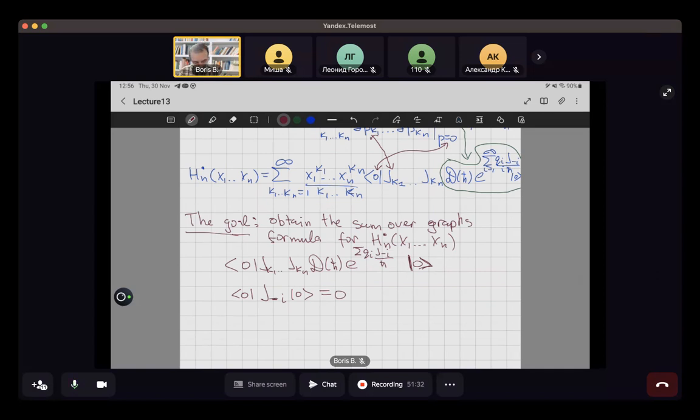And at the same time, if we have anything here and J with positive index to the right, then we also have 0, because J with positive index acts as a differential operator, and here this is 1. So we differentiate 1 and obtain 0.